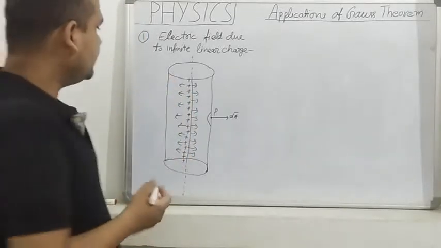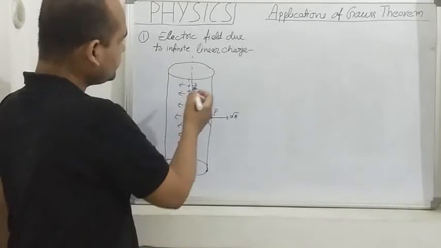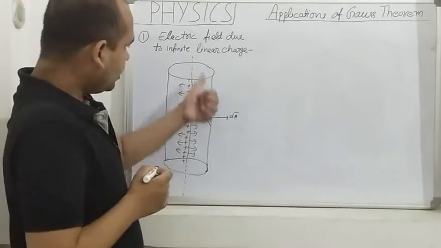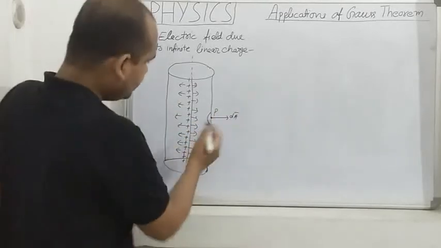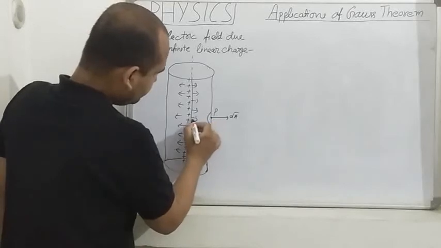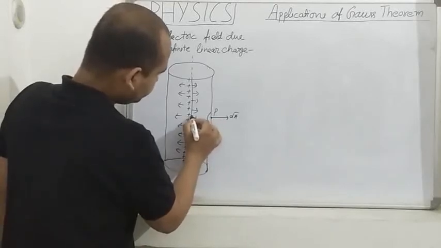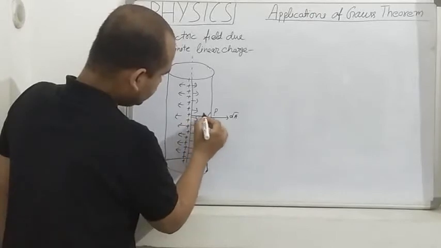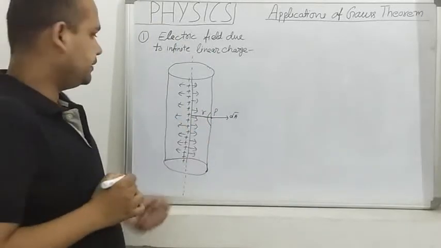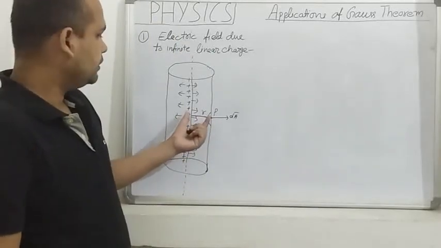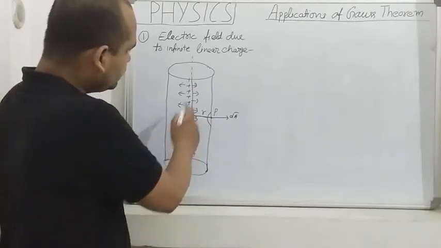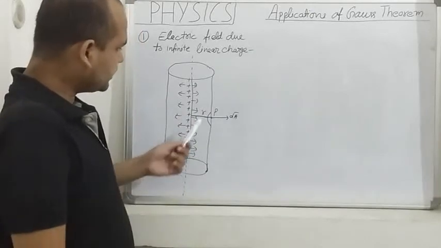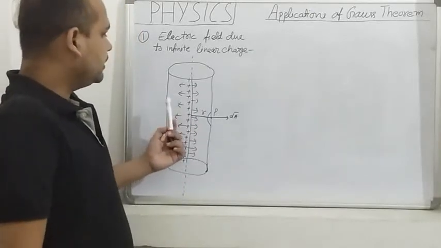So we can see that the electric field on the curved part of this cylinder will also be radially outward. Note that point P is situated from this linear charge at a distance r, which is the radius of the curved part of the cylinder also.